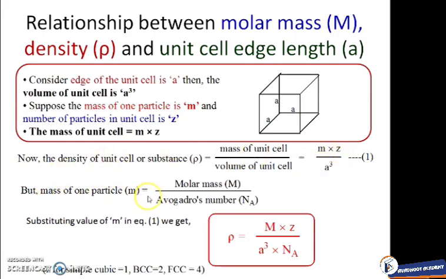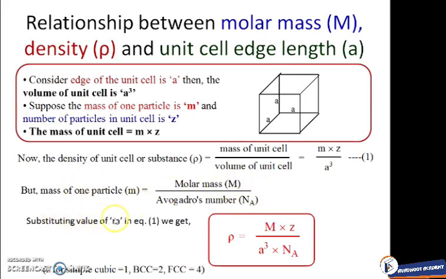Now the mass of one particle, that is m, how do we calculate it? Molar mass upon Avogadro number. Actually, the molar mass of a substance contains Avogadro number of particles, and therefore the mass of one particle is the ratio of molar mass upon Avogadro number. Avogadro number is 6.023 into 10 raised to 23.